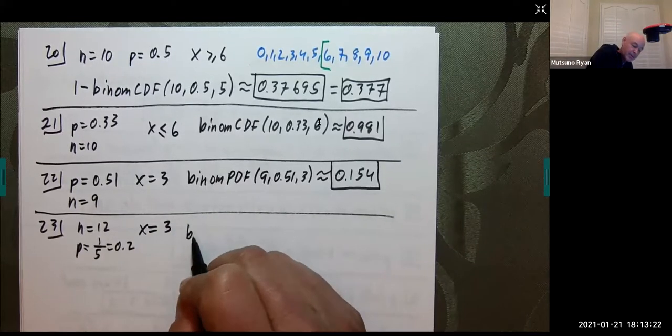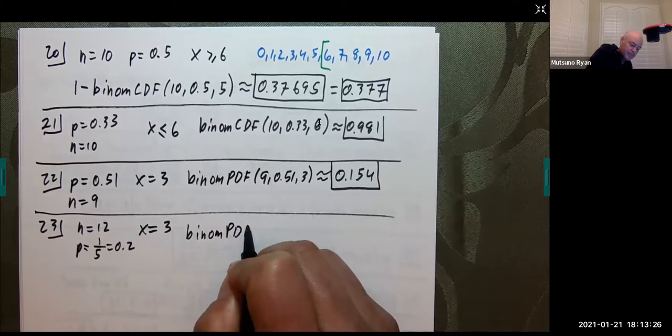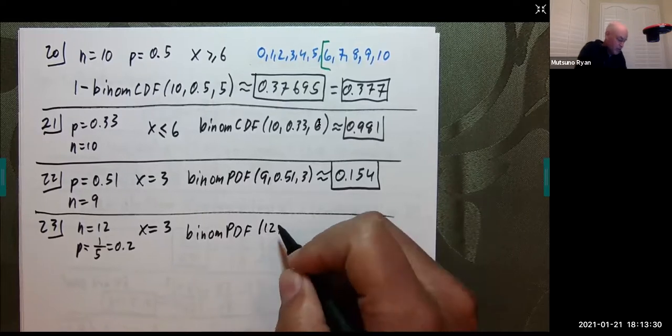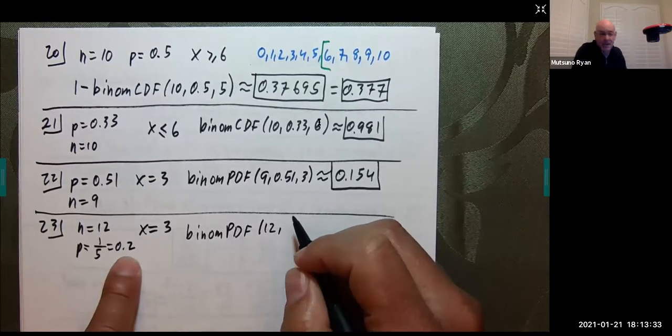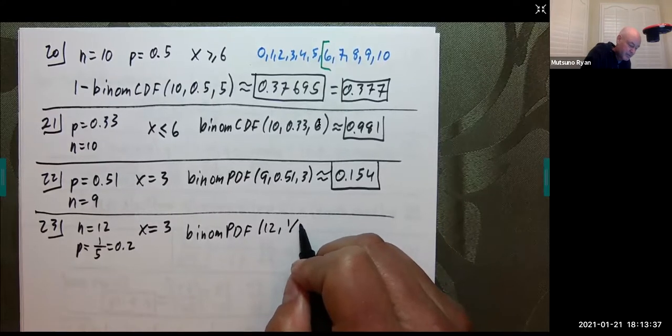So we're going to use binom PDF again. And you could put in 1/5 or 0.2, it doesn't matter. In fact, I'll show you in the calculator when I do the 1/5.